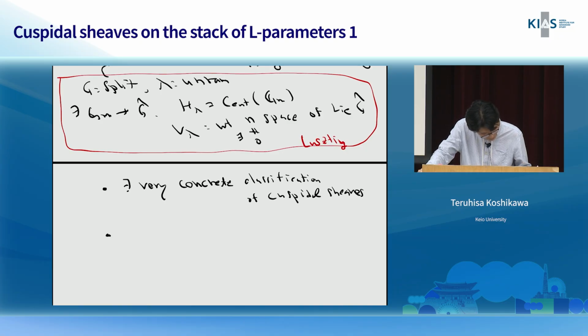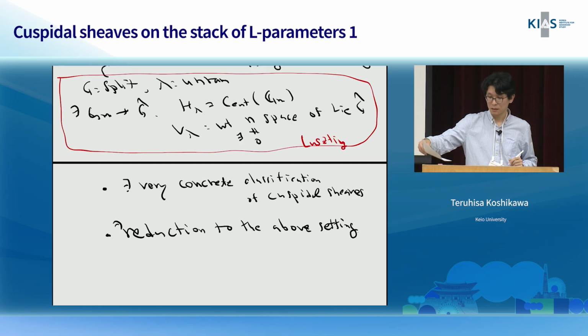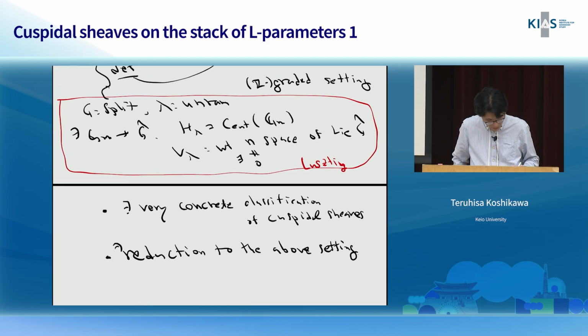And the other is, as I said, there's a reduction to this setting. Perhaps one important remark is that this H lambda is the centralizer of the co-character, so it's automatically connected.